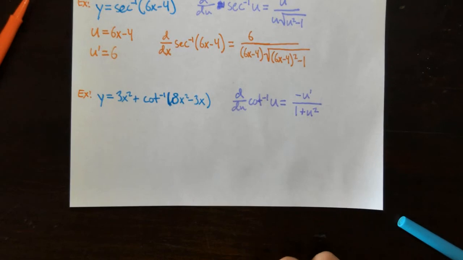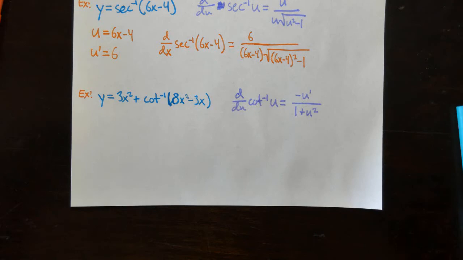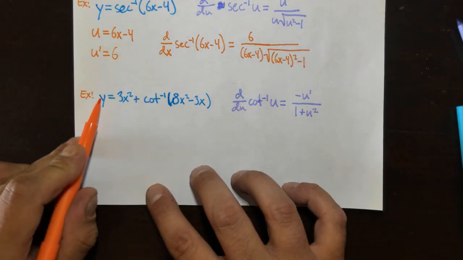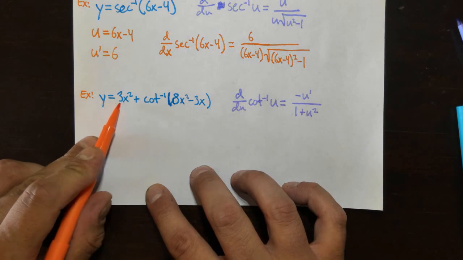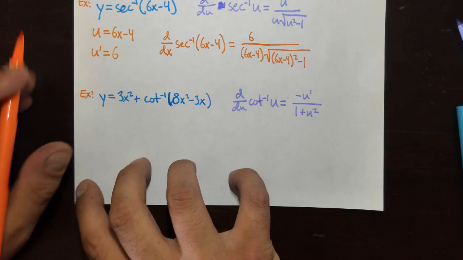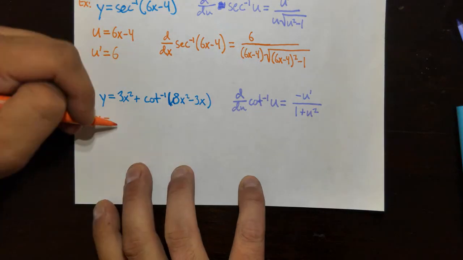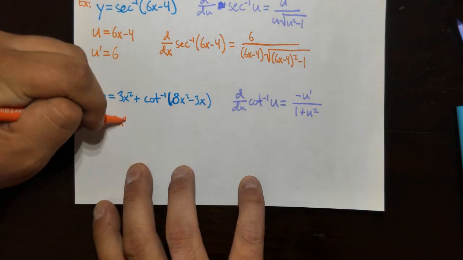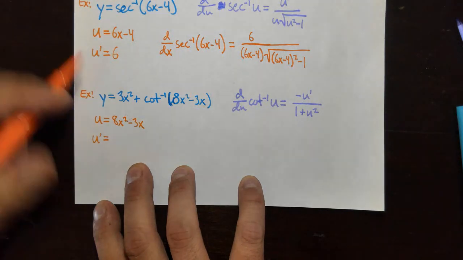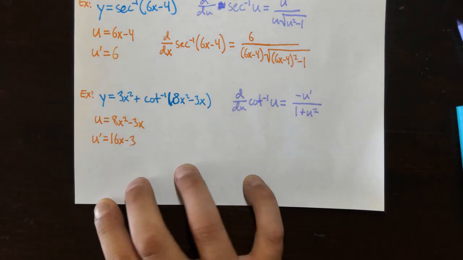Okay, so let's first define our u and u prime. So u is going to be 8x squared minus 3x, and u prime is, we're just going to use the power rule, it's going to be 16x minus 3.